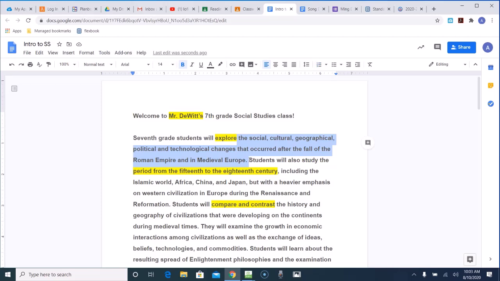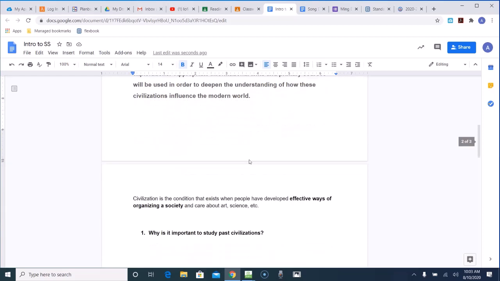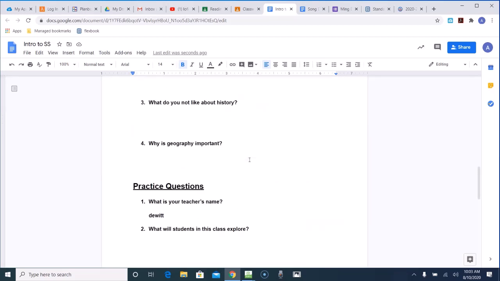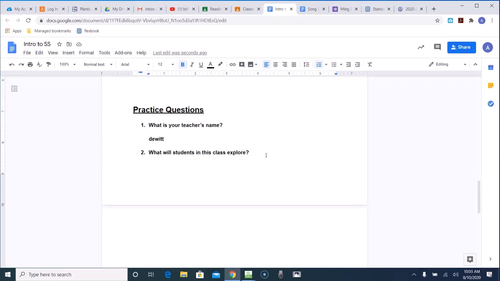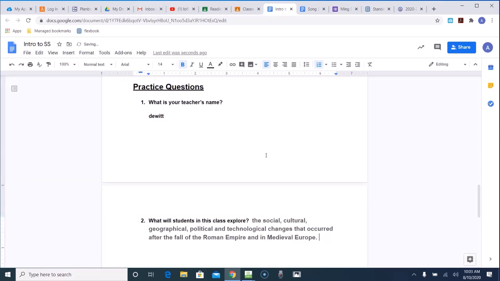This is just word for word, flat out tells you exactly what you need. You could just highlight the whole thing, come down here and paste it down there, and you'd have that answer. So whenever it comes up on the exit ticket, you have your whole answer right there. Most of the time, it's not that easy. So this is our practice, so make it a little easier than usual.